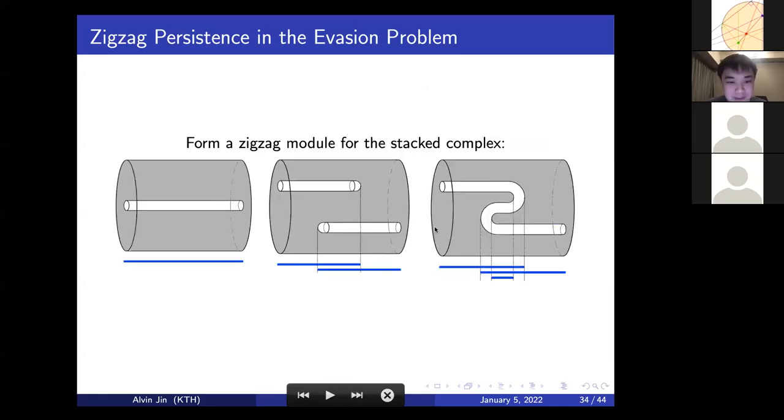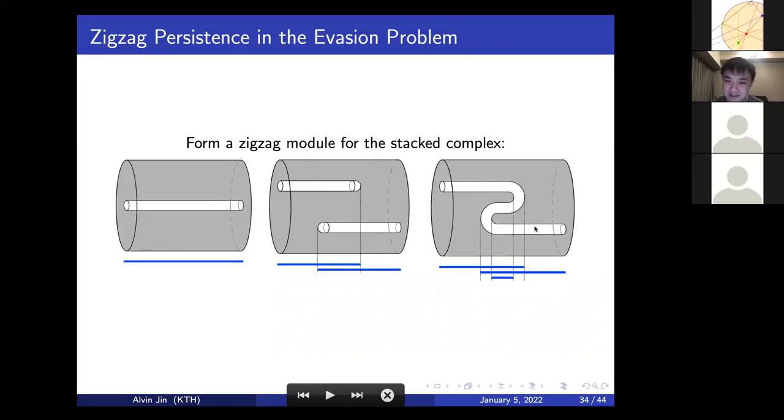And this is what happens. On the left-hand side, we have the easy evasion path. Namely, you can just follow this undetected region all the way through. For the central diagram, that was the sheet that separated them, so you can't jump from this top undetected region to the bottom one, and there are two bars here that represent those holes.